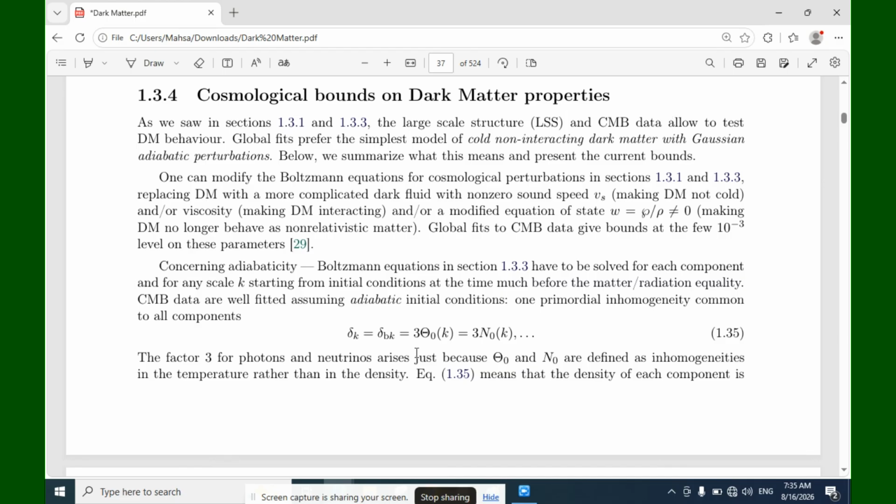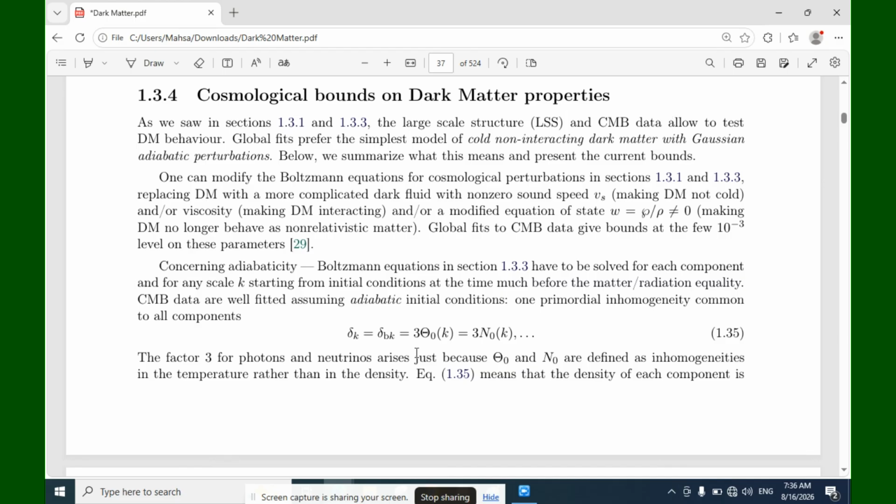Based on reference 29, concerning adiabaticity: Boltzmann equations in section 1.3.3 have to be solved for each component and for any scale k, starting from initial conditions at a time much before the matter-radiation equality. Cosmic microwave background data are well fitted assuming adiabatic initial conditions, one primordial inhomogeneity common to all components: δ_c/... = δ_b = 3θ_0 = 3n_0 (equation 1.35).